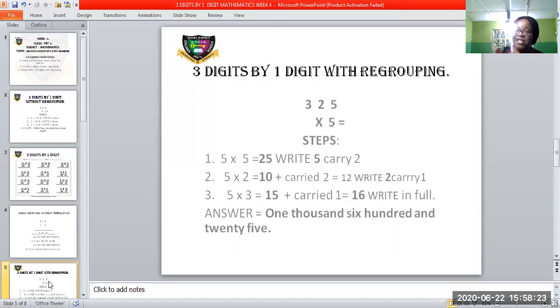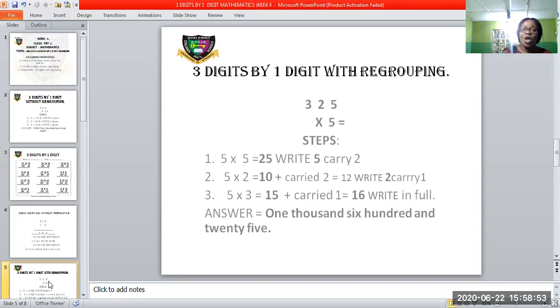5 times 3 is 15. Because it is 15, you add the carried 1 from the other sum to this particular one to make it 16. And when you get to the point of 16, you write the full 16 down. Why? Because there is no other number to add it with. Is that clear? Do you understand? Remember, your calculations must always start from the far right hand side, which is the unit side.